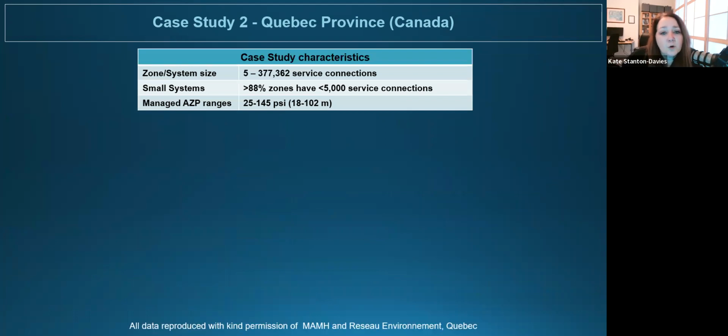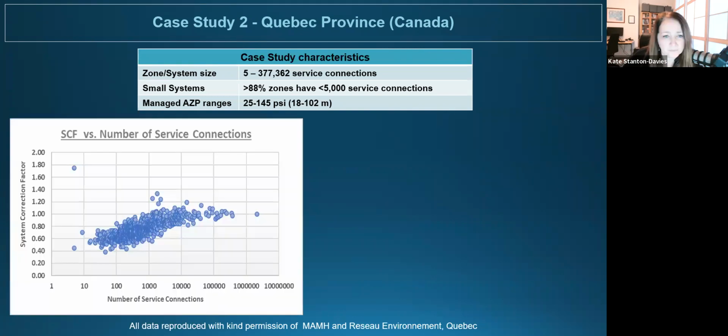So overall, in Quebec province, we found that more than 88% of zones were considered small systems with less than 5,000 service connections. And the calculations that we performed went from zones as small as 5 service connections to over 377,000 service connections, with average zone pressure ranges from 18 to 102 meters.